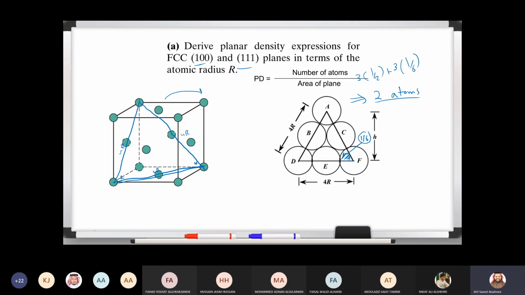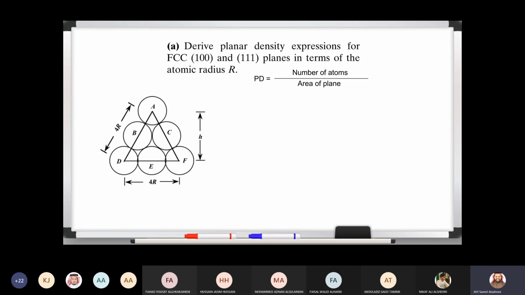Now we need to find out the area of the plane. So for a triangle, what is the area of a general triangle? Half base times height. So the base here is what, guys? What is the value of the base here? 4R.